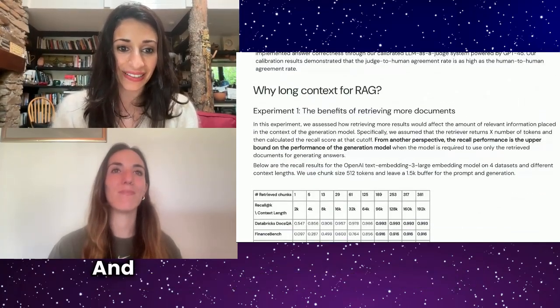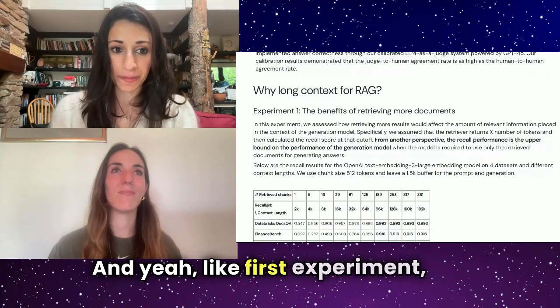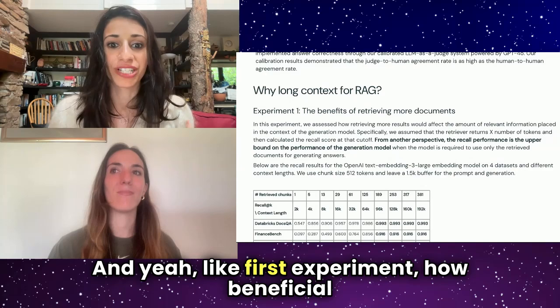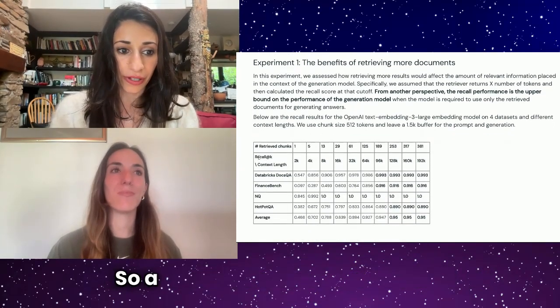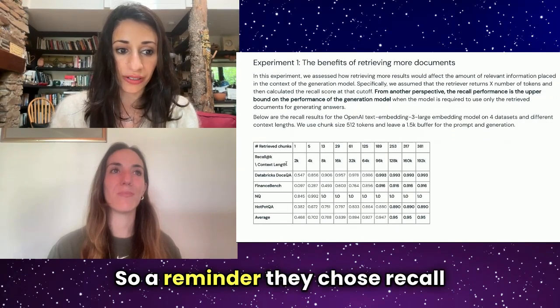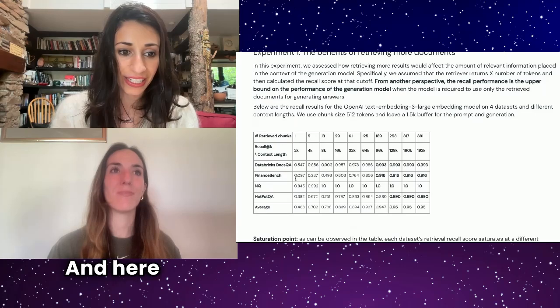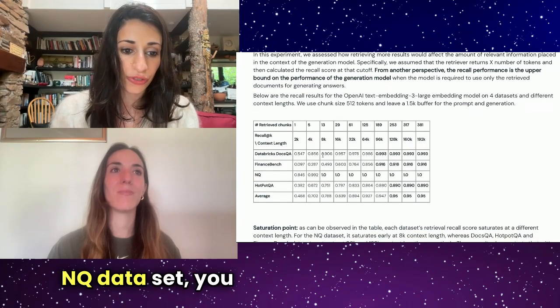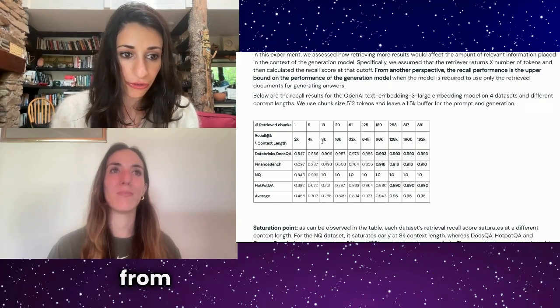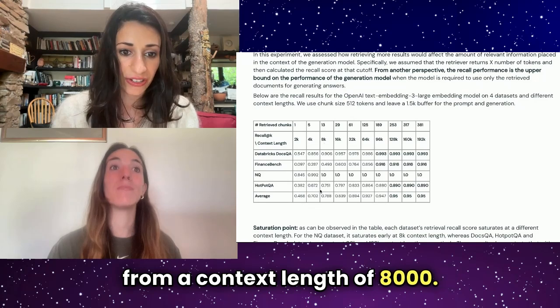First experiment: how beneficial is it to retrieve more documents? So, reminder, they chose recall in order to evaluate that. And here it's very interesting because for the NQ dataset, you get this saturation point from a context length of 8,000.